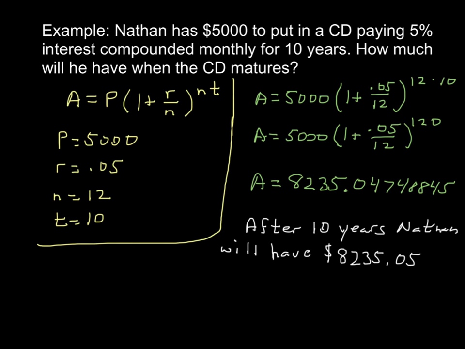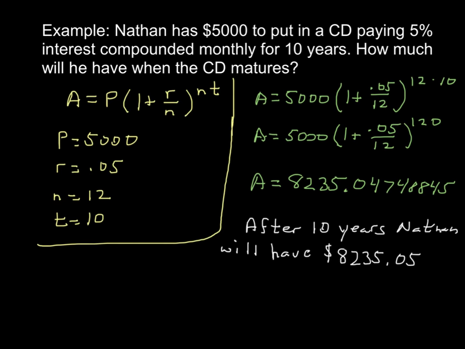As you go through this, I would suggest making sure you multiply that exponent first, because I see a lot of mistakes happen if people just start putting this into their calculator. Since this is all part of the exponent, if you don't multiply out the 12 times 10, you would need to put parentheses around the exponent.